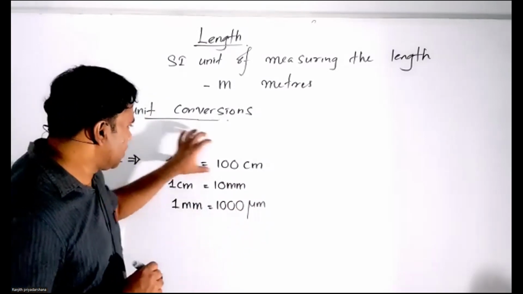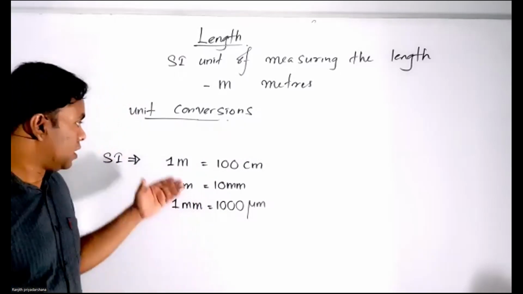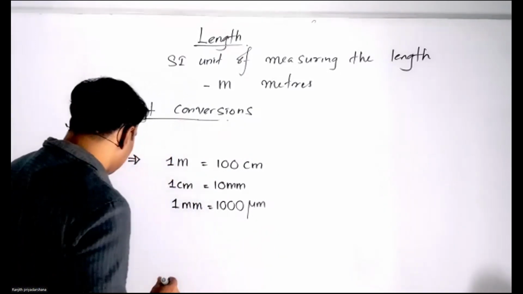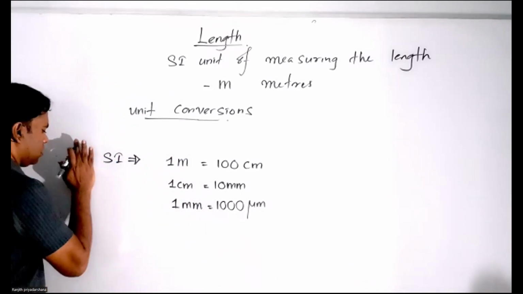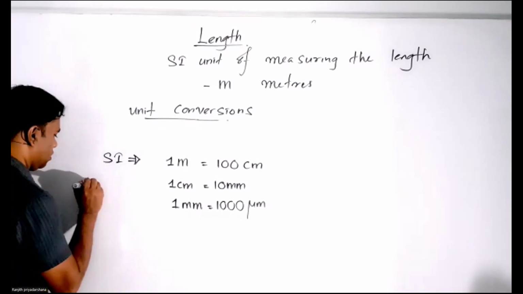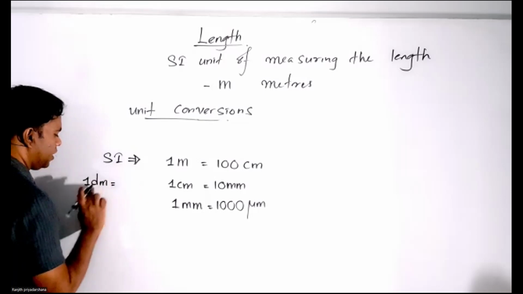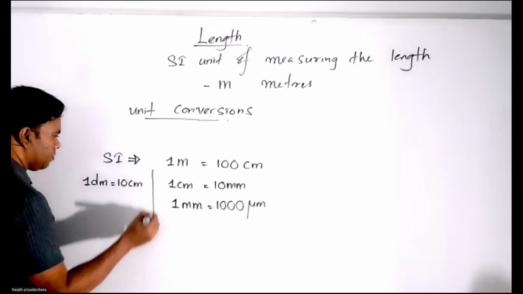1 meter is 100 centimeters, 1 centimeter is 10 millimeters. And there is another unit we have to learn: 1 decimeter equals 10 centimeters. Deci means 10 centimeters.